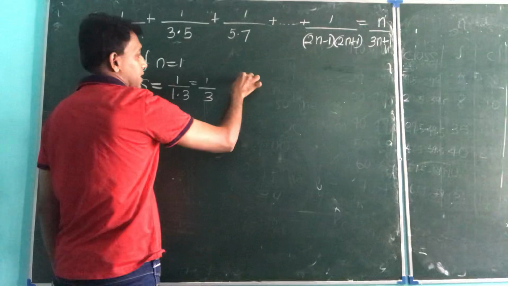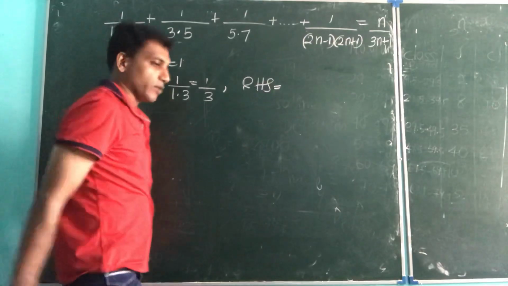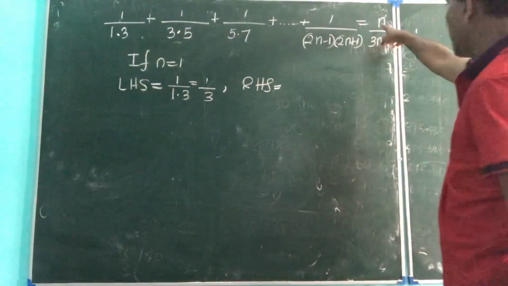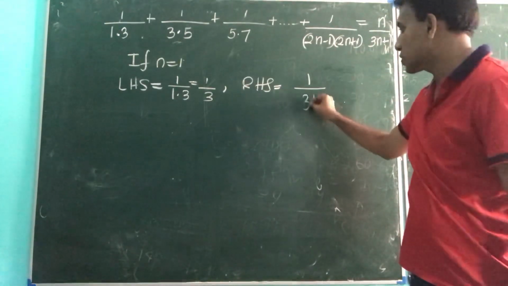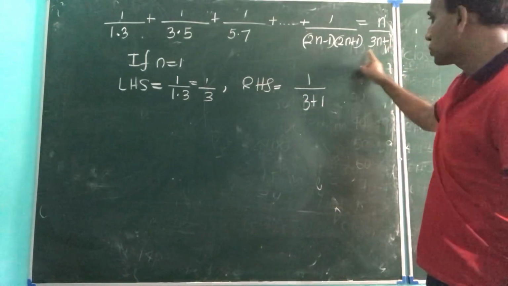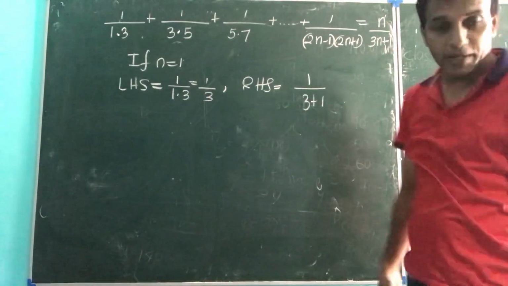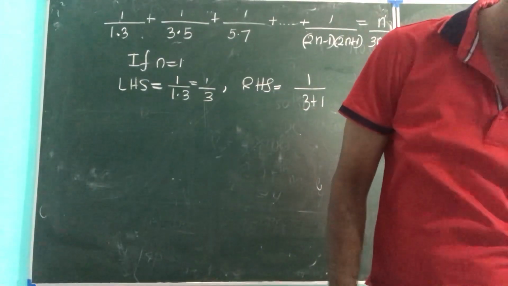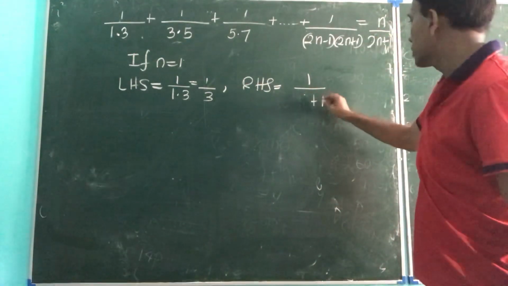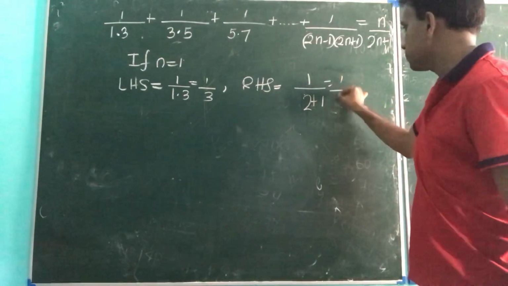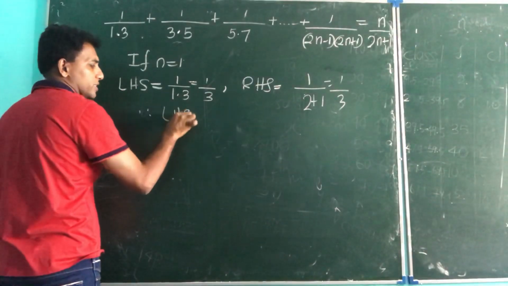See right hand side, RHS. What is the right hand side? If you put n equal 1, 1 over 3 times 1 plus 1, the problem is n over 2n plus 1, that is 1 over 2 plus 1, 3.